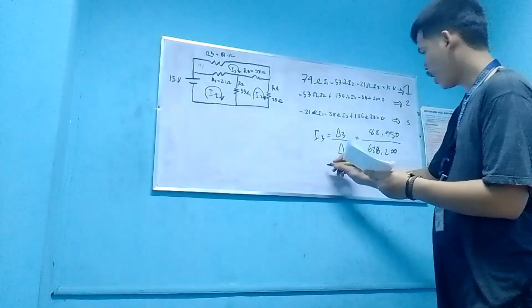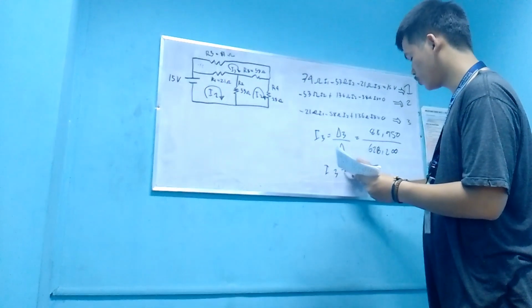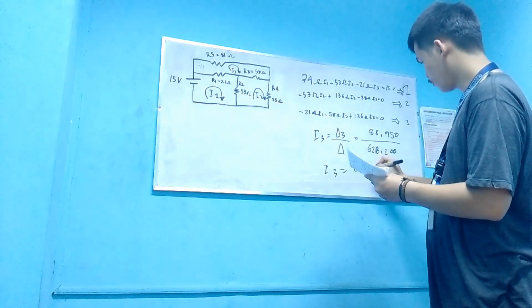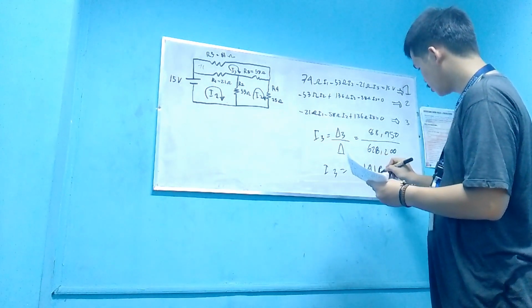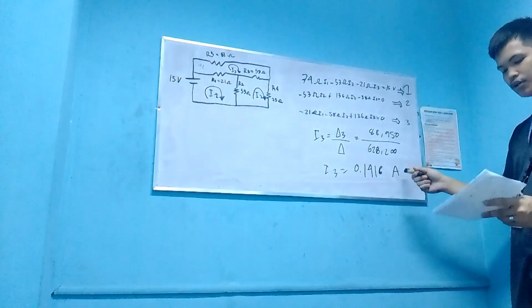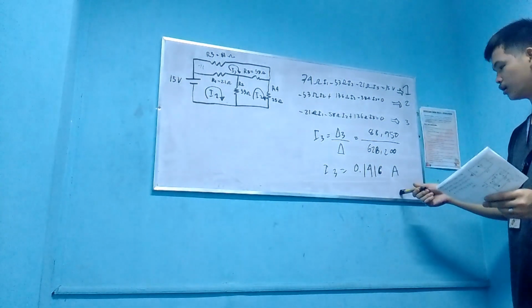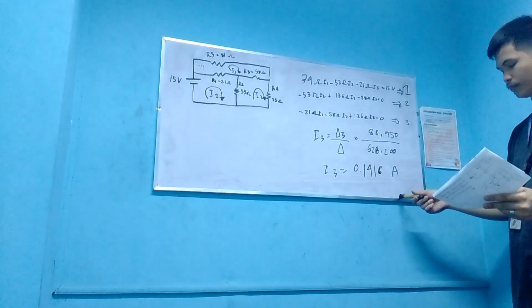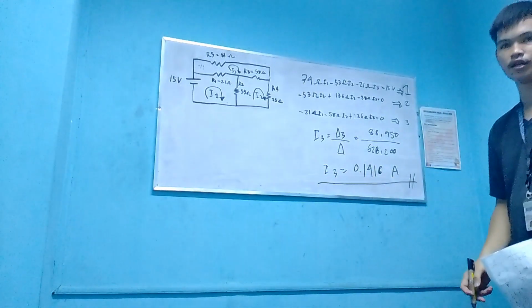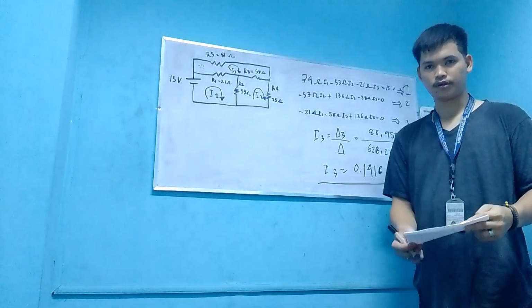So our I3 is equals to 0.1416 amperes. Amperes is the unit for the current. So this is our final answer. Thank you for watching.